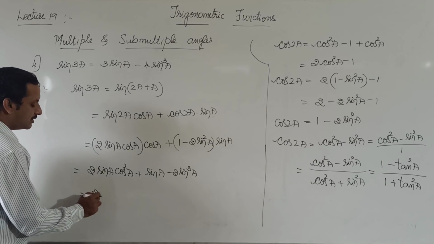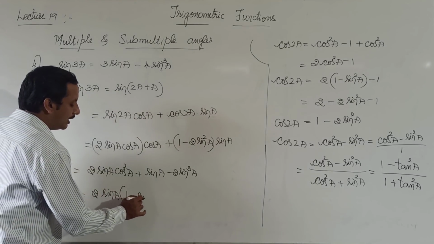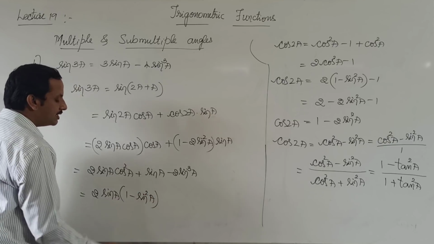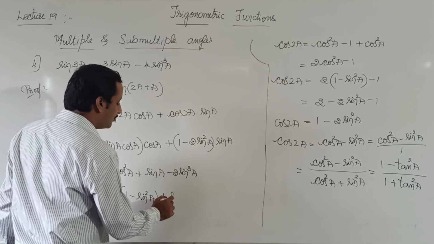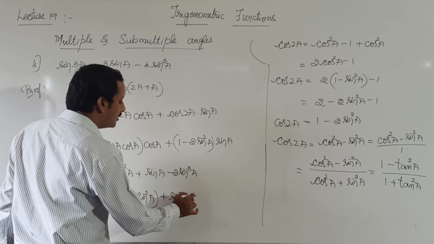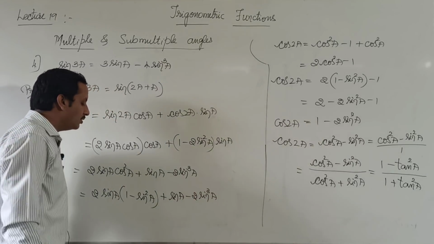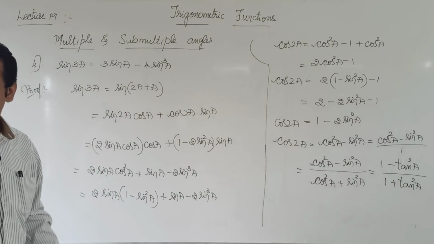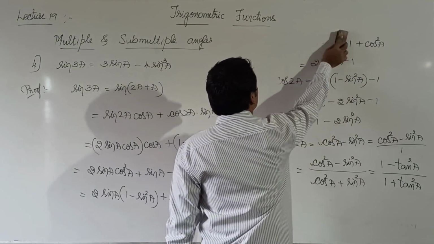Okay. Next, here cos square a, I am writing as 1 minus sin square a, plus sin a minus 2 sin cube a.